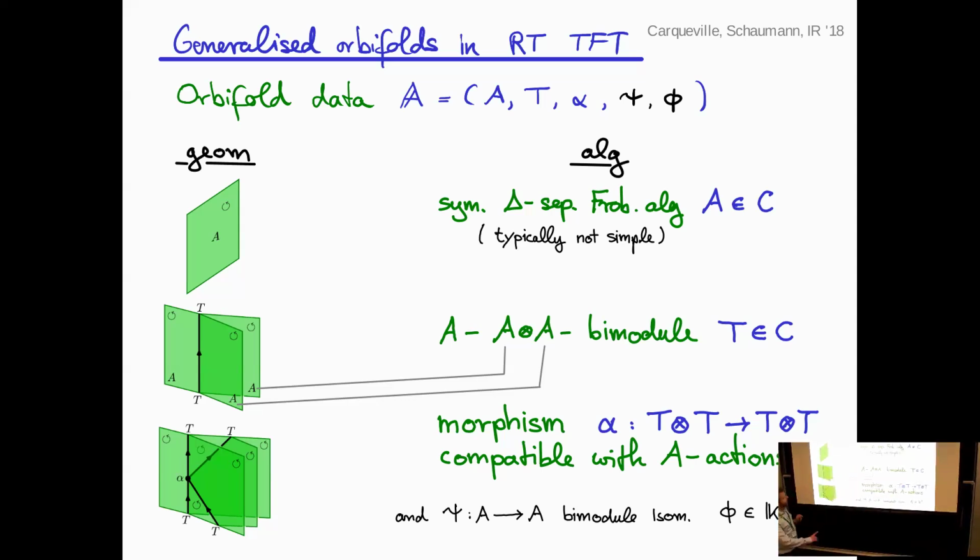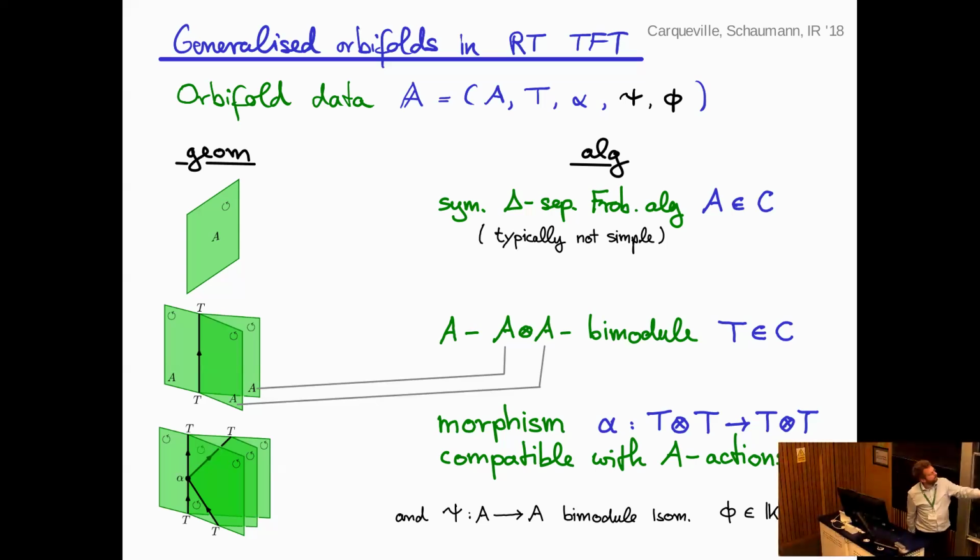Then we have to find a way to cross these junction lines over each other. So we have to choose a point defect, and that'll be a morphism from T tensor T to T tensor T in the category C, but it has to be compatible with the actions in a way which I'm not explaining. And then there's some extra data, which I'm also skipping over. Right. So that's the data. And then there are conditions.